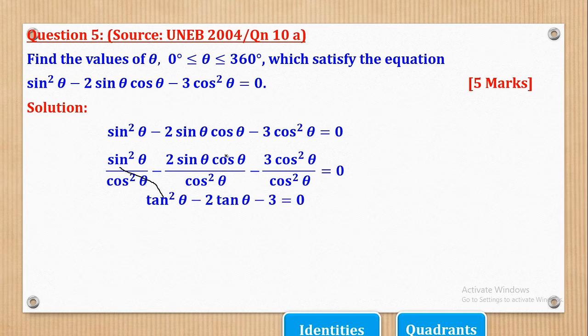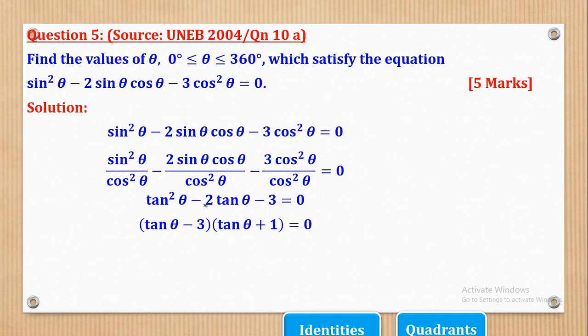This one cos here goes with this cos, and one cos is divided by this sine, and sine over cos is tan. That is why there is tan theta here, and this 2 is still there, and this minus is still there. For this side, this cancels to remain with only 3, and this minus is still there. So in this case, you have got a quadratic equation which you can solve. You can either use bulldozer or factorize.